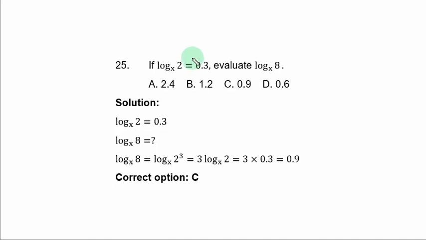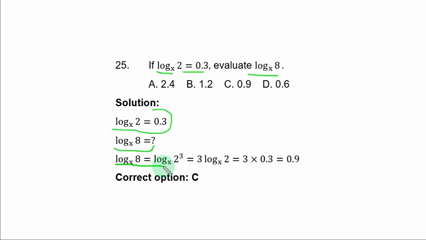Question 25. If log 2 base s is equal to 0.3, evaluate log 8 base s. So you have log 2 base s equal to this, then log 8 base s equal to unknown. We can simplify log 8 base s to get log 2 base s.